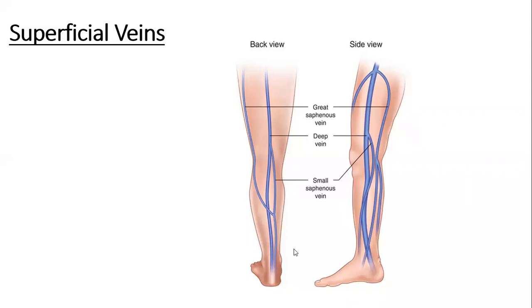So small saphenous vein begins as the lateral continuation of the dorsal venous arch. It ascends behind the lateral malleolus and continues to ascend within the back of the leg. It follows the lateral border of the tendocalcaneus, reaches up till the middle of the back of the leg, where it pierces the deep fascia between the two heads of the gastrocnemius, lateral and medial, so that in the lower part of the popliteal fossa, it drains into the popliteal vein.